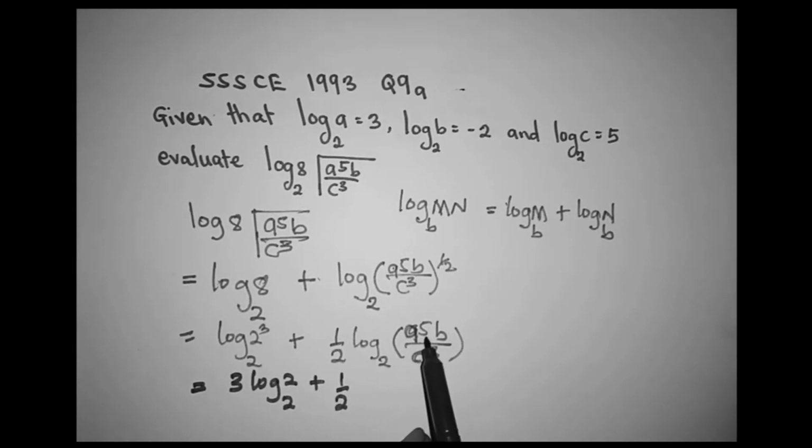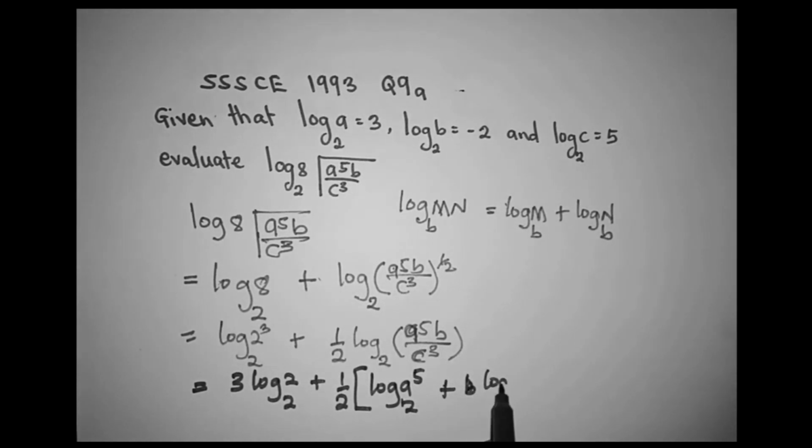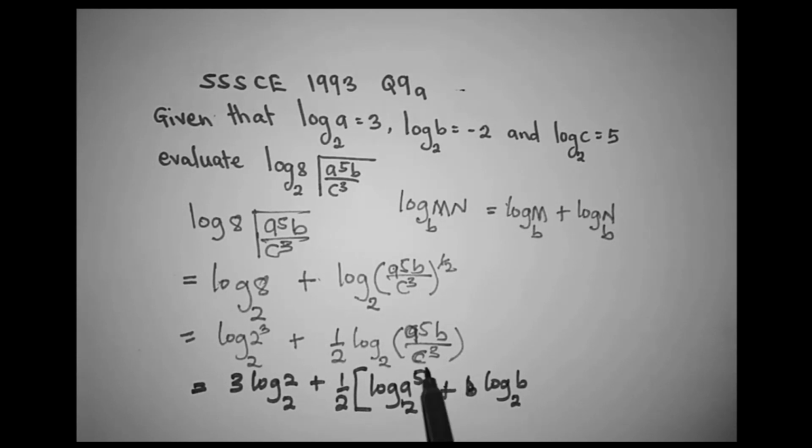Then now this a and b are multiplying, so we open a bracket, and that becomes log a exponent 5 base 2 plus log b base 2. Then it is divided by c cube, so it becomes minus log c cube base 2.